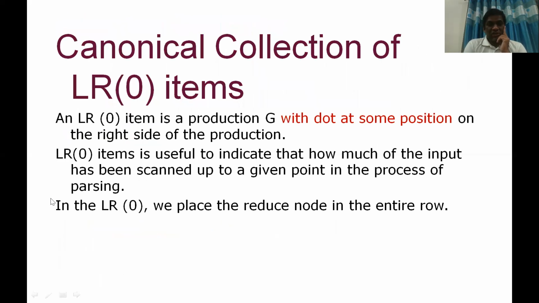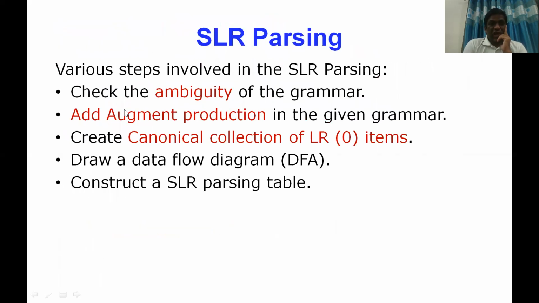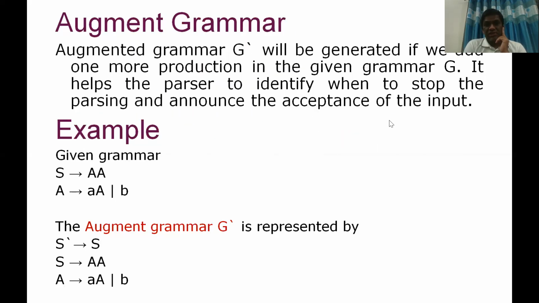Now, what is our second step? The second step is to add the augmented production in the given grammar. Observe this. Adding the augmented production is simply adding a new variable, let us say S dash, and deriving the start symbol of the corresponding grammar.